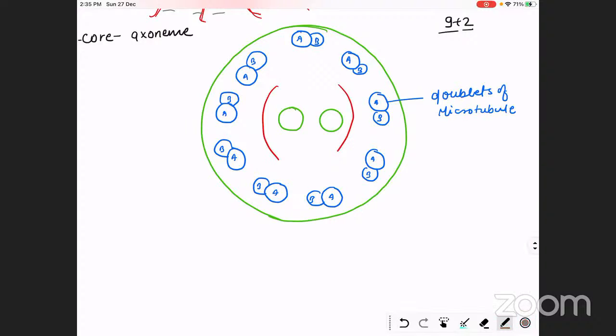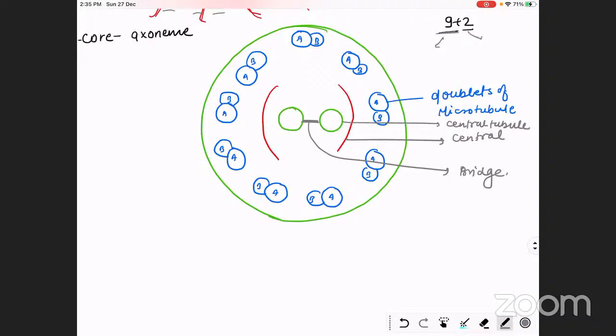So this is the bridge. We name this structure the central sheath, which covers the central microtubules. The central tubules are connected by the bridge. That's why the structure is named 9 plus 2: 9 peripheral and 2 central microtubules.